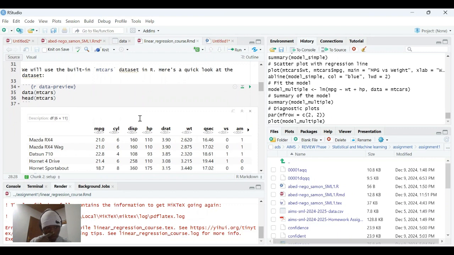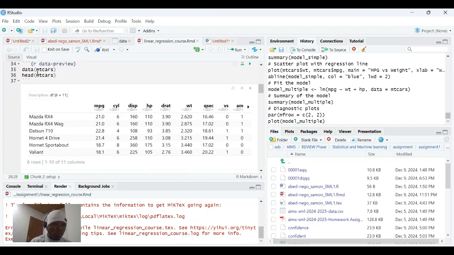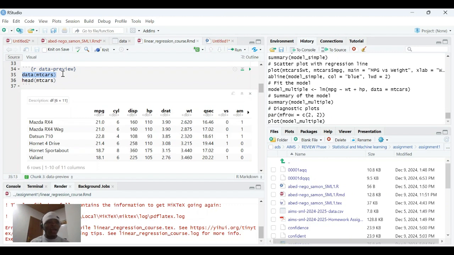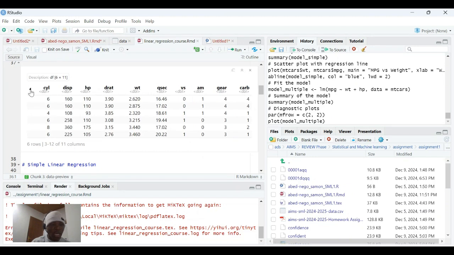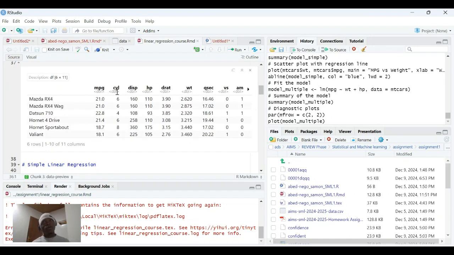Here's a quick look at the data set. This is how we import the data set, data mtcars, and then we check the head. We have our x here. There are several variables that we can check, but as far as we are concerned, here we just do a simple linear regression, with just our y and one column of x.